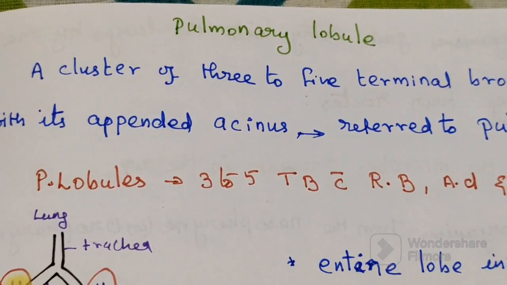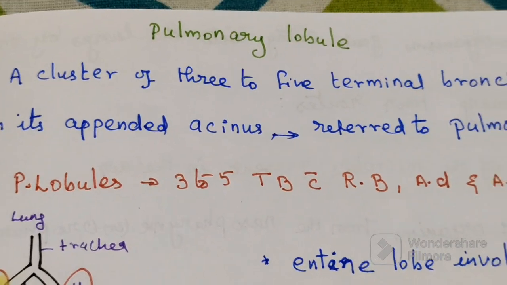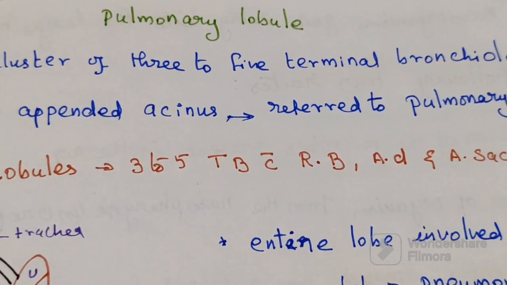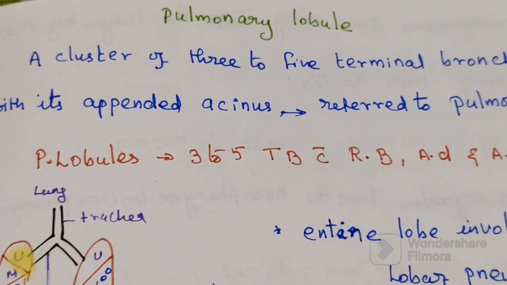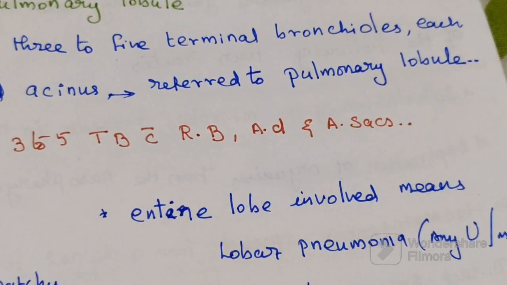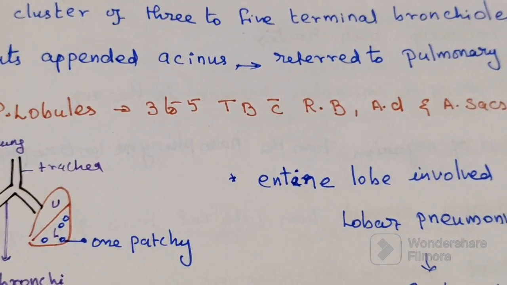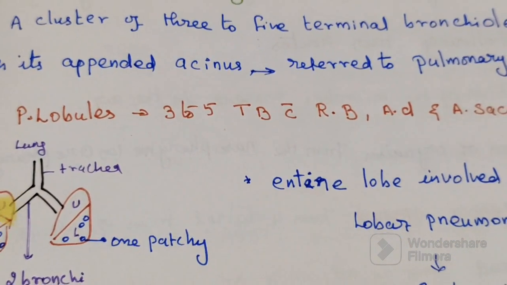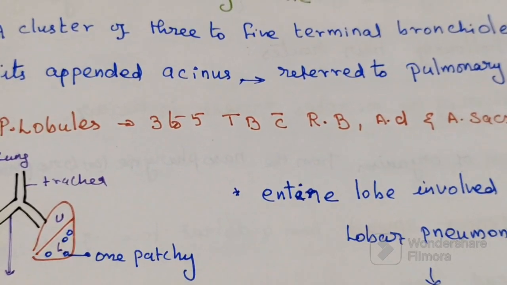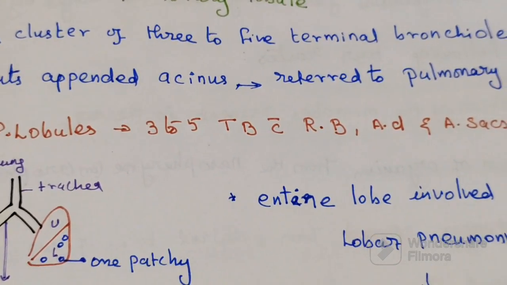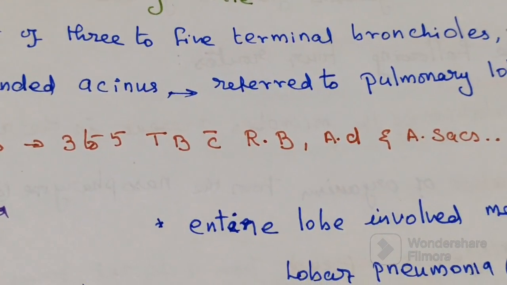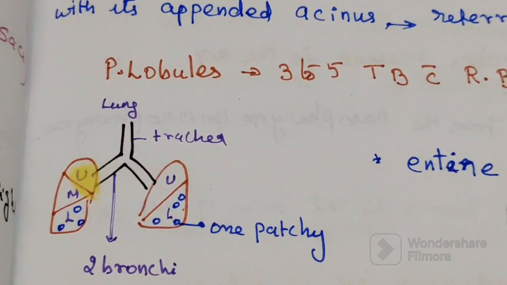So pulmonary lobules: a cluster of 3 to 5 terminal bronchioles, each with its appended sinus, refers to pulmonary lobules. So pulmonary lobules include a cluster of 3 to 5 terminal bronchioles along with their respiratory bronchioles, alveolar ducts and alveolar sacs.